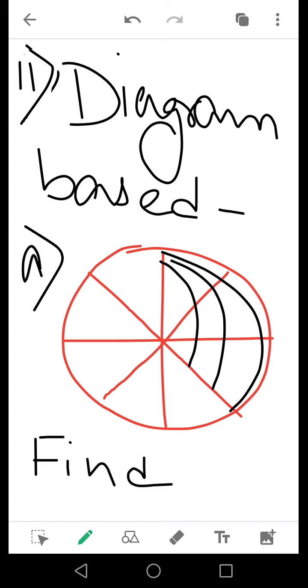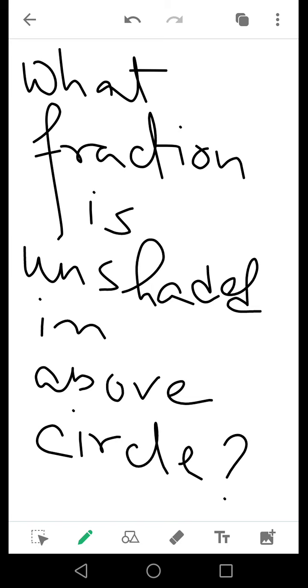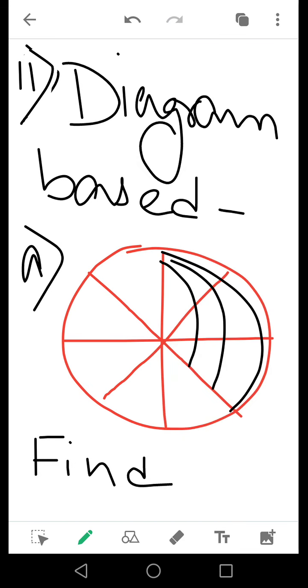Now you observe the diagram first. From the diagram you have to answer or find what fraction is unshaded in above circle. Just take a look at the circle once again. For these types of questions, you have to draw the circle and then find out the fraction.